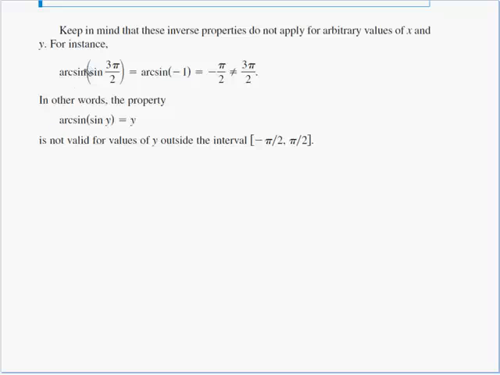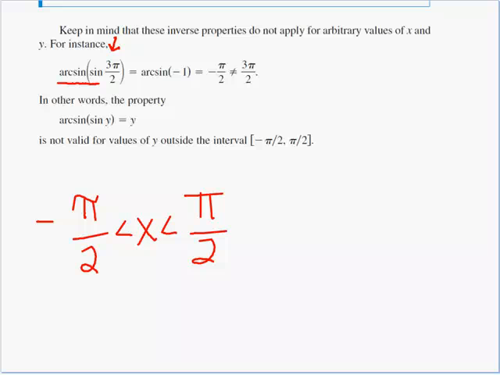Another way you could look at this: we have the arcsine of the sine of this angle, 3 pi over 2. Remember, arcsine is only defined between positive and negative half pi. They use the letter y for this, so I should stay consistent. The angle must be between positive and negative half pi.